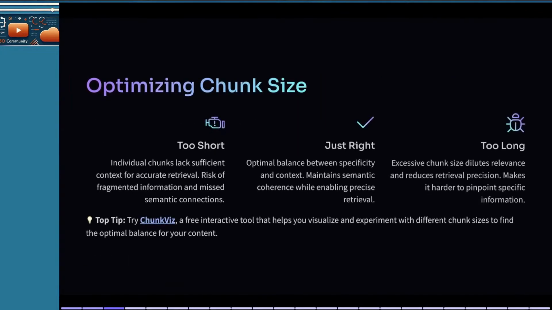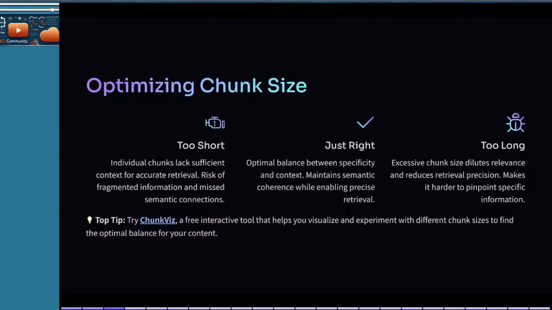But the thing I wanted to look at was, okay, now we have RAG, we have things like chunking, but chunking is not really that simple, right? If you just naively chunk your document, you might end up with chunks that are too small, which means each chunk doesn't have enough context for proper retrieval.